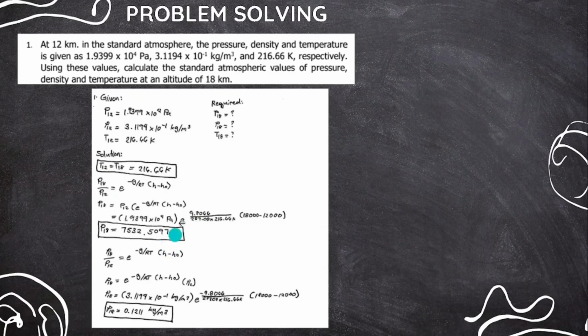So our pressure at 18 kilometers is equal to 7,532.59005097 pascals.